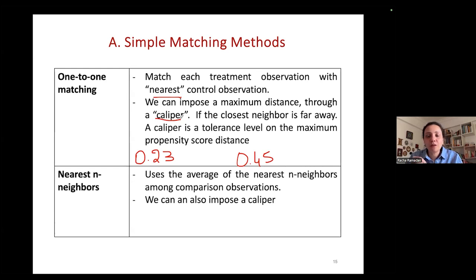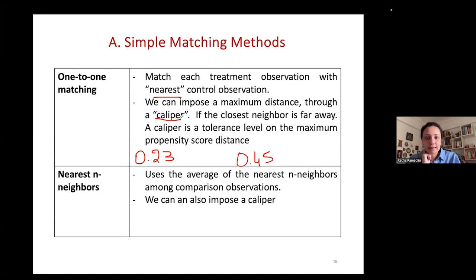No, I want it to be maximum 0.06 or maximum 0.03, whatever I specify. Again, there is no benchmark. You will have to do sensitivity analysis and try several values.